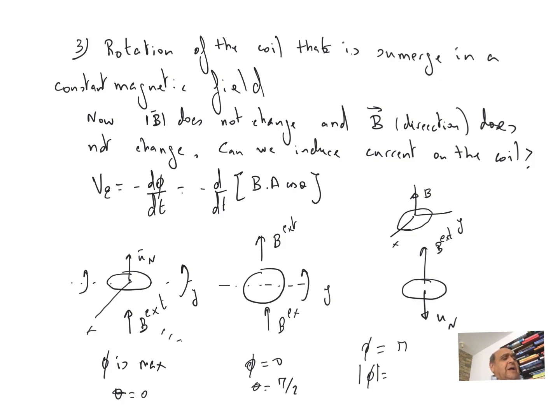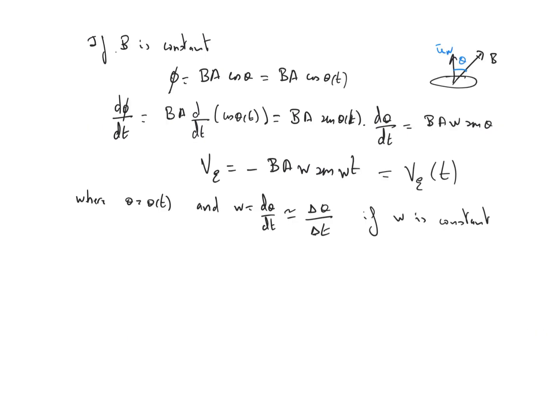So how will the graph of phi versus theta look? Let's go see. If B is constant, the flux is always B times the area times cosine of theta.